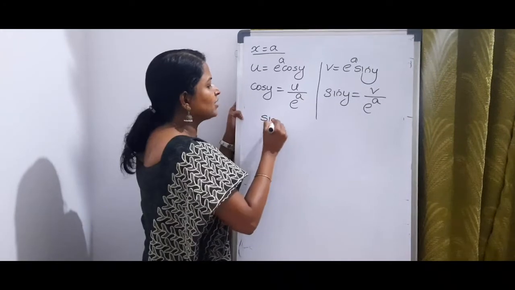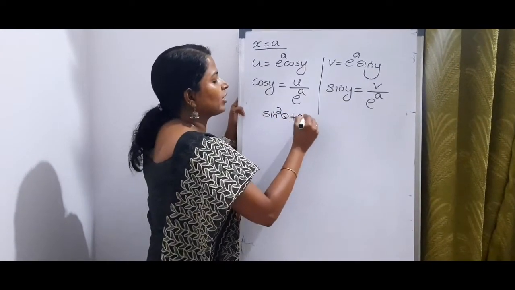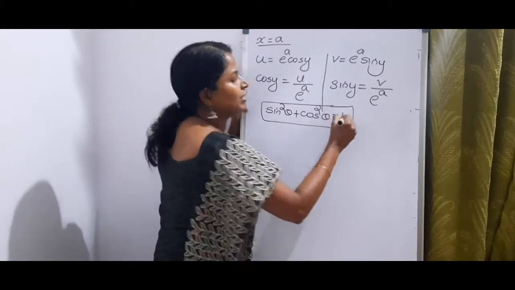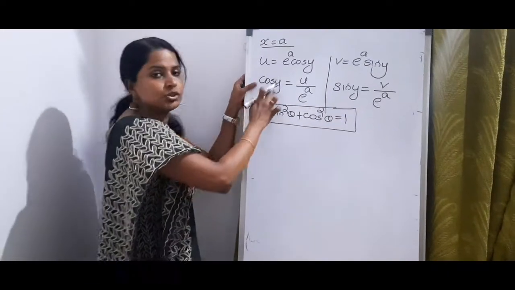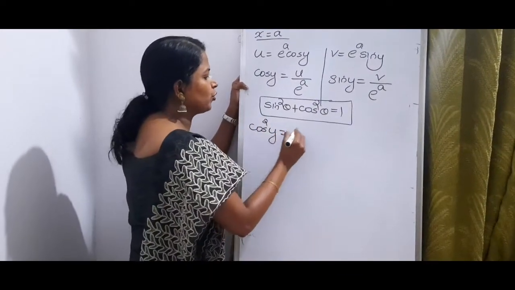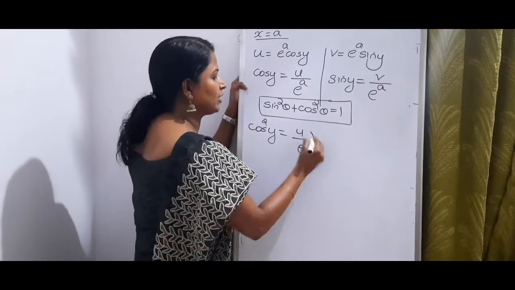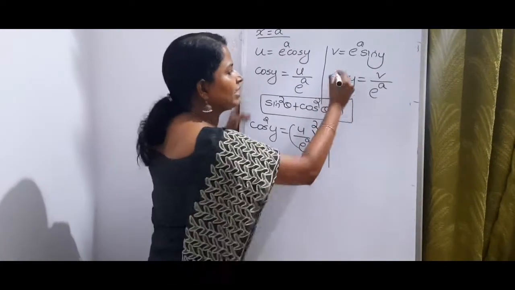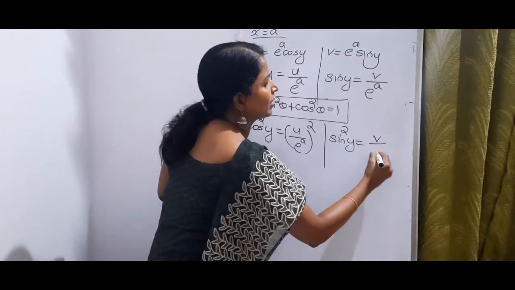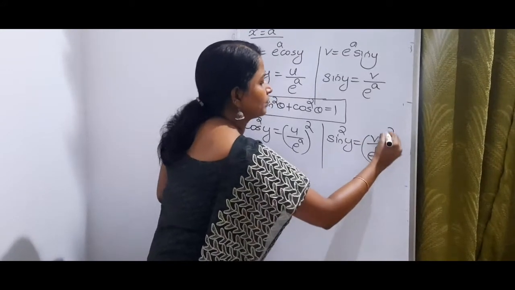Identity is sin square theta plus cos square theta equal to 1. So squaring these two equations, we get cos square y equal to u by e raised to a the whole square, and second equation is sin square y equal to v by e raised to a the whole square.